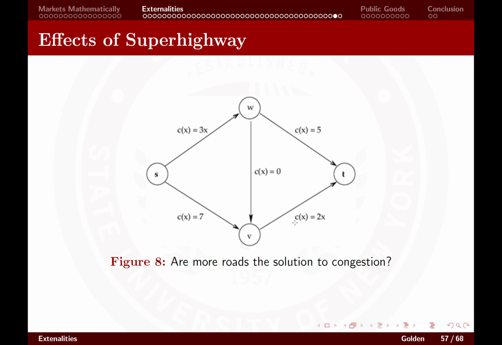You remember, because these are two different proportions, x1 plus x2 equals 1. So once again, that's 3x1 plus 5 equals 7 plus 2x2, and x1 plus x2 equals 1.